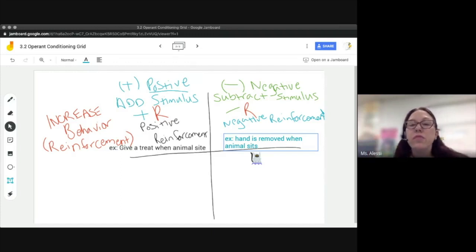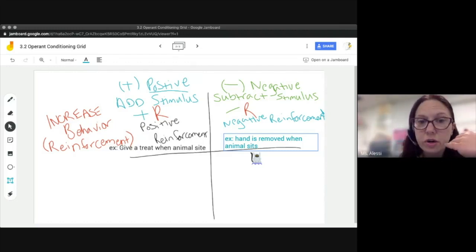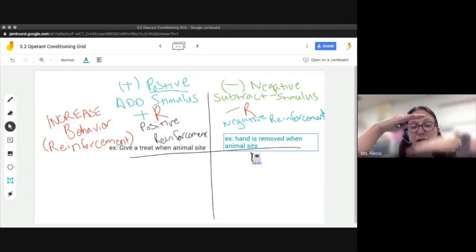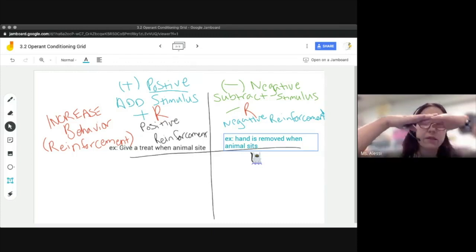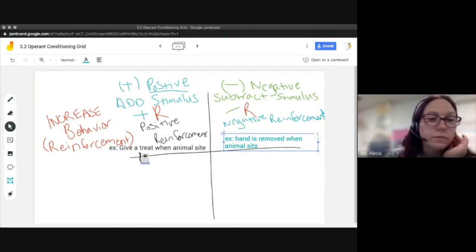Because it doesn't want the pressure of your hand on its rump. So that's why the animal's going to do that. Okay. So that's a negative reinforcer. I'm increasing the behavior. The behavior is sitting, and the stimulus that's getting decreased is that pressure on the rump, because the rump goes down, it doesn't feel that pressure any longer. Okay.